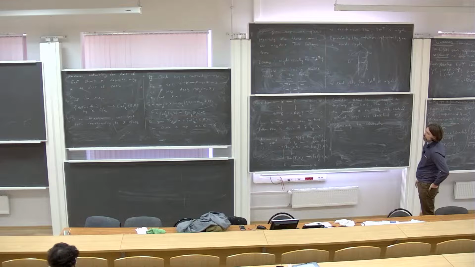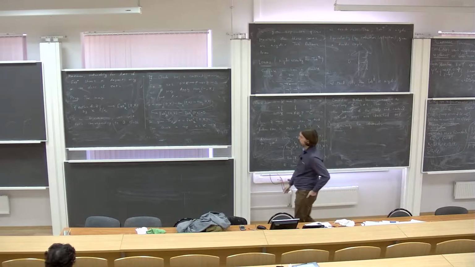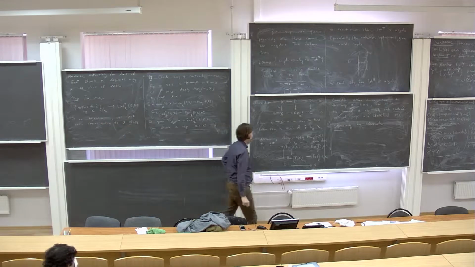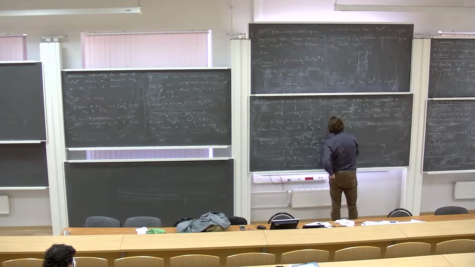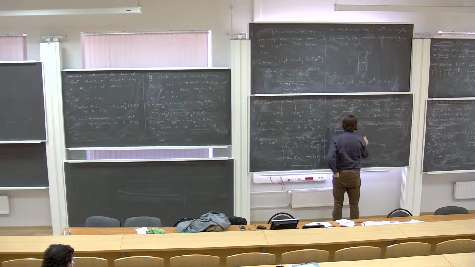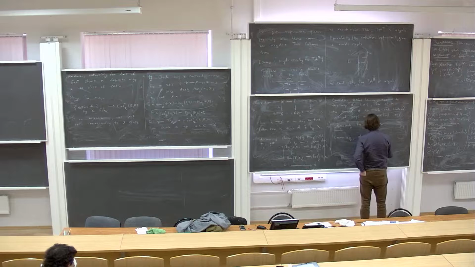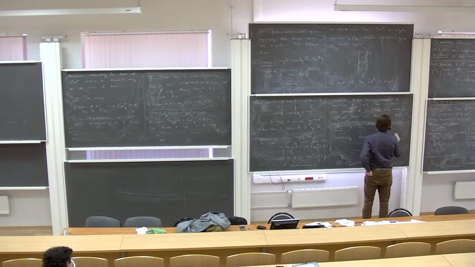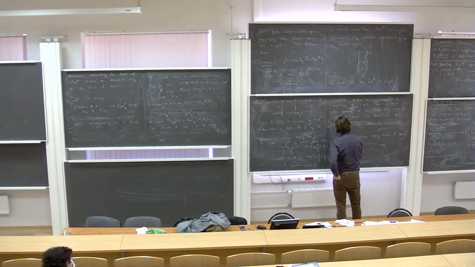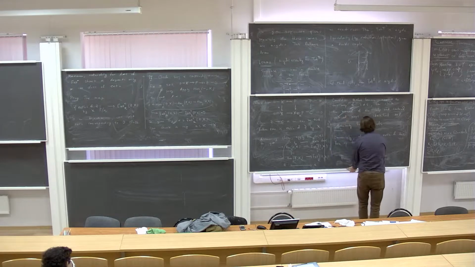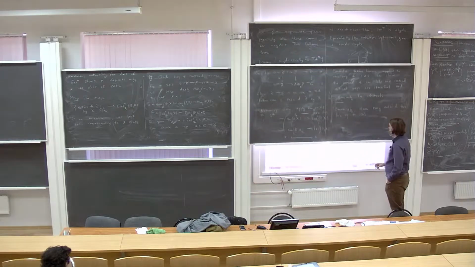Let me tell you the kind of inverse process. We need to know that every extension is of this form, up to isomorphism. So conversely, we claim every extension is of this form up to isomorphism. So we have an inverse map, and the way this goes is the following.